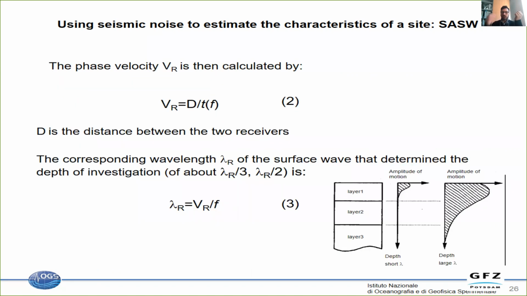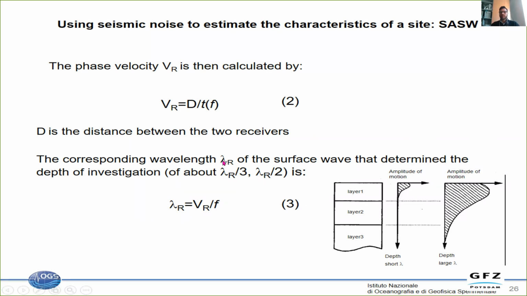I know the distance between the two sensors, and therefore, for each frequency, I can calculate the velocity at which the waves are propagating, simply from the distance divided by the travel time. So I will have for each frequency probably different velocities. Why we have this, we already showed it a little bit last time.